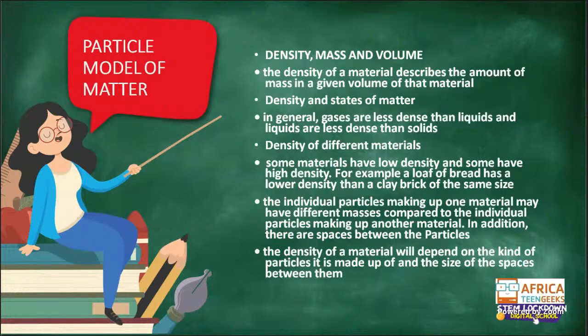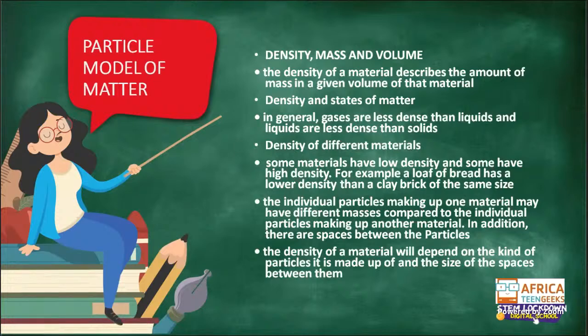So if we go back to the previous example, the brick has more mass and more density compared to the loaf of bread. The loaf of bread will have less mass because the particles are not that close together, and if it has low mass, it means it's going to have low density.